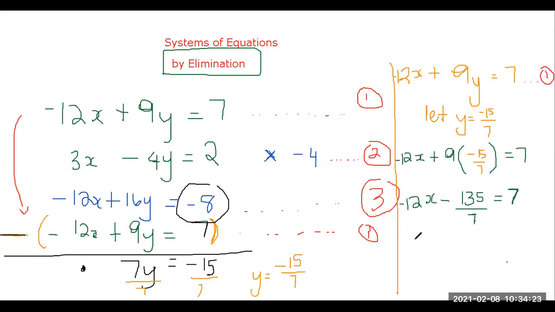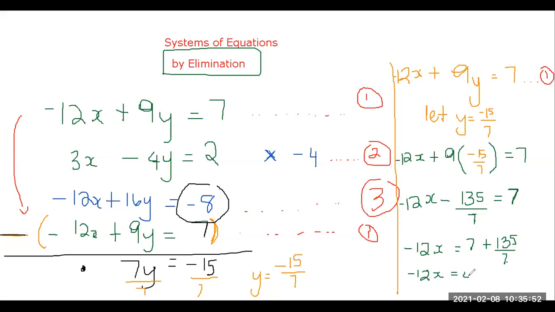Now I need to do the additive inverse. Negative 12x is equal to 7 plus 135 over 7. To make this easier, I'm going to change this 7 right here into 49 over 7, because 49 over 7 is the same thing as 7, right?